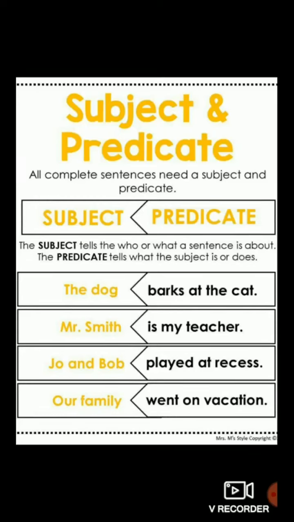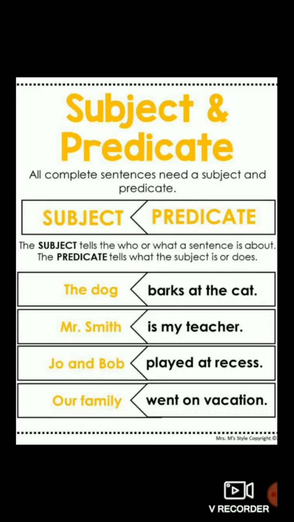Also, it starts with a verb. So, the predicate starts with a verb. And who barks at the cat? If you ask the question on the predicate, ultimately you will get the subject as an answer, the dog.